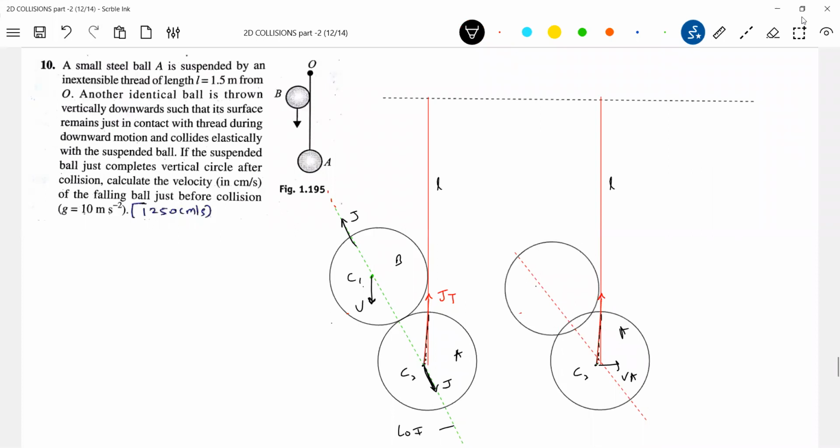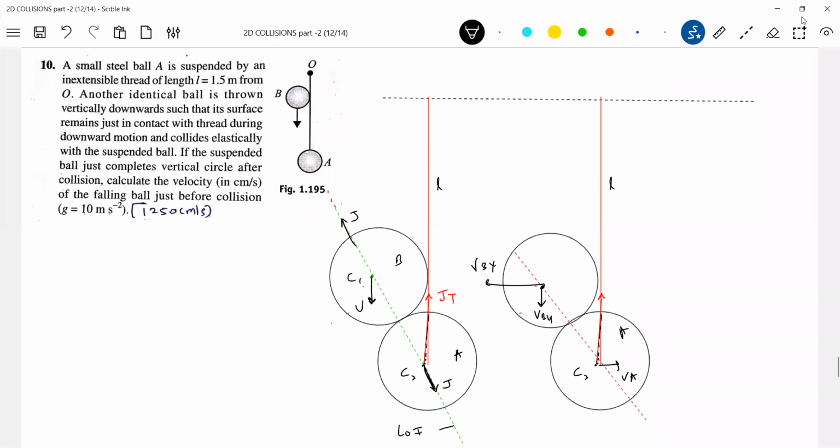Rough diagram. So this will be the thing. The other ball will have some velocity, say VBY, VBX.